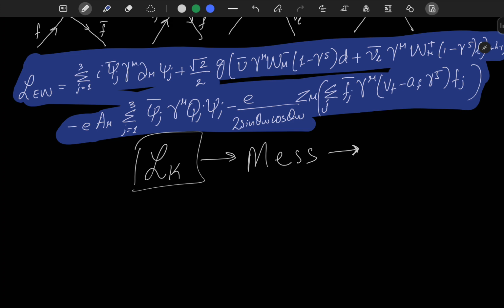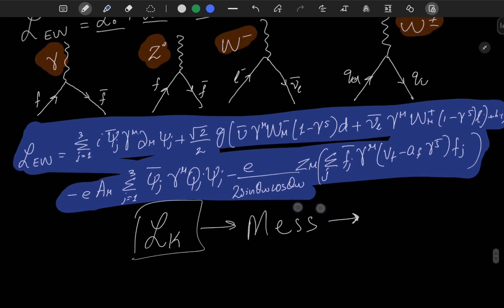First of all, the first term is showing the interaction between a fermion and a photon, which is basically a neutral current, and I'm talking about this one right here. This vertex is simply minus e q of j.